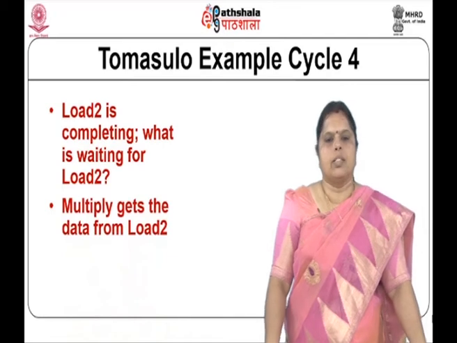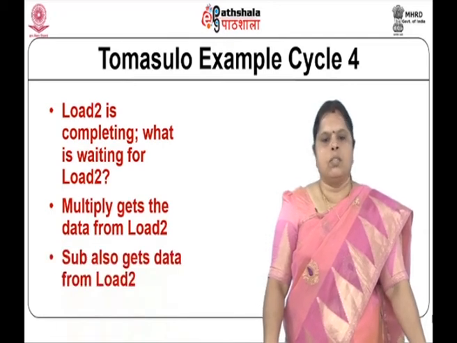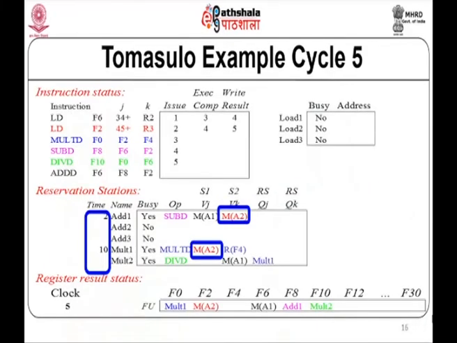So, during clock cycle 5, you observe that the common data bus broadcasts the data from your load 2 instruction, which goes into the corresponding reservation station entries, and it is also written into the register file F2, which takes the data from the common data bus.